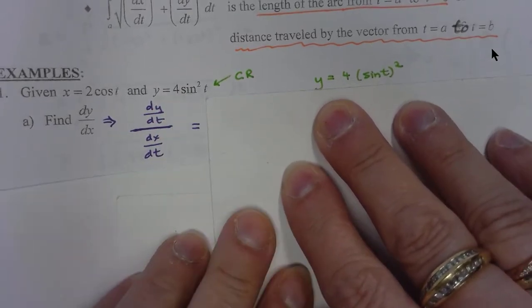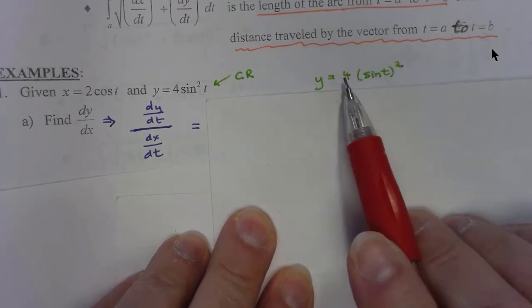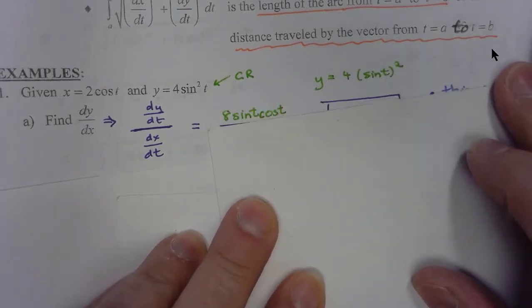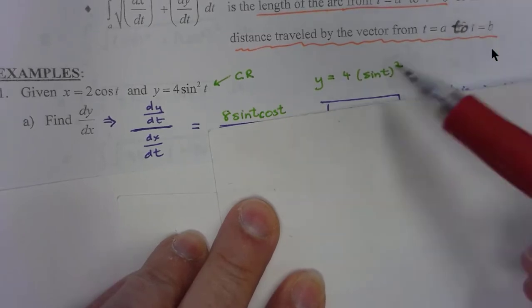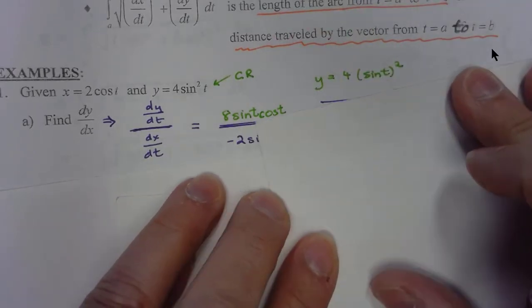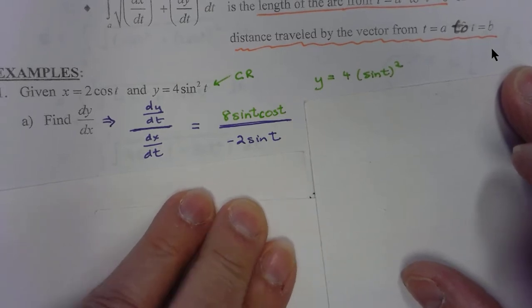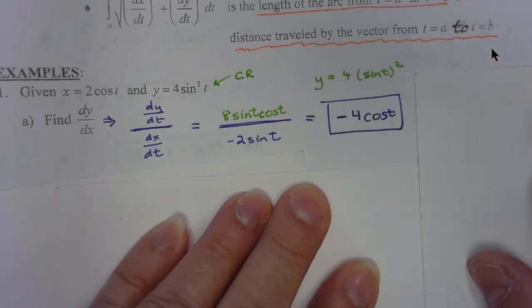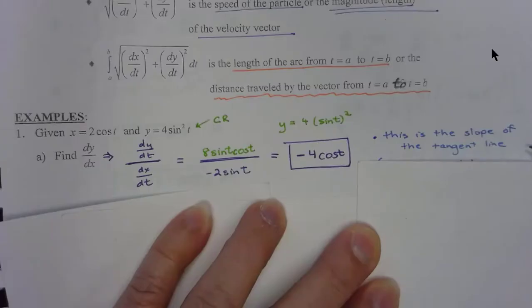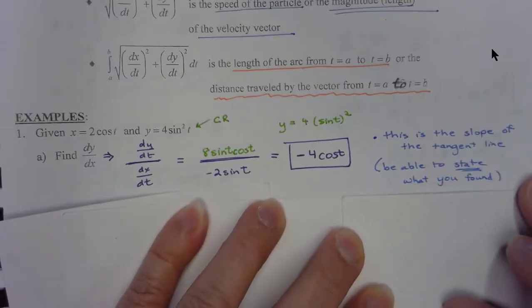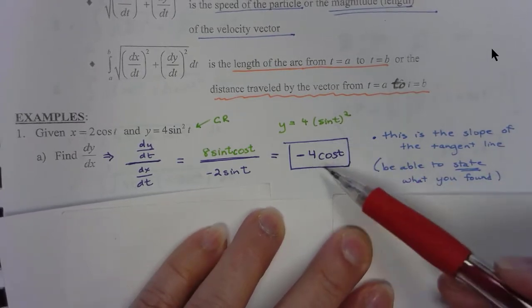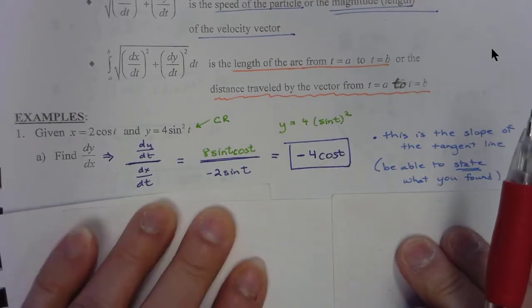So the derivative of y with respect to t is going to be 8 sine t to the first power times the derivative of sine t. dx/dt is going to be negative 2 sine t. Now, you can see that we can simplify this a tad, and we get that. So this is the slope of the tangent line. You need to be able to state what you found.